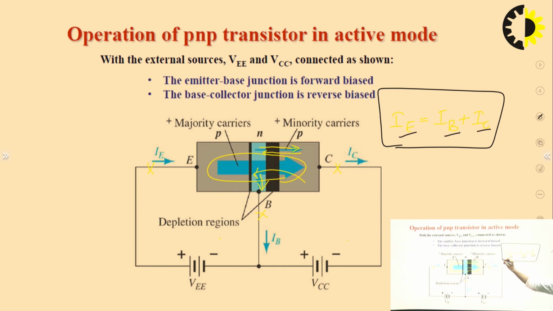So the emitter current is the sum of the base current and the collector current. This equation is universal for all configurations, whether the transistor is in common emitter configuration, common base configuration, or common collector configuration.